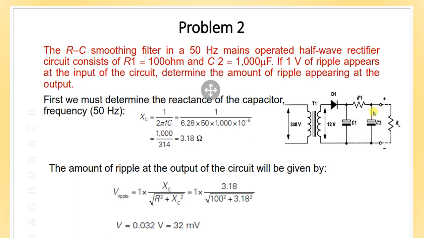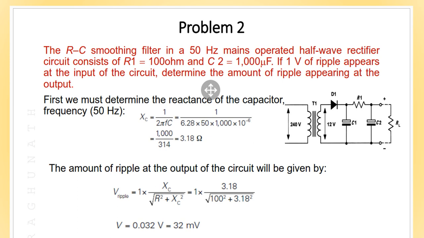This is an RC filter. R1 and C2 act as the filter. If 1 volt of ripple appears across the input of the circuit, input means after the diode in a half-wave rectifier.